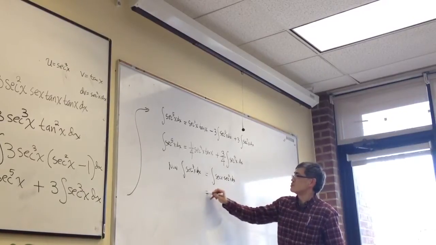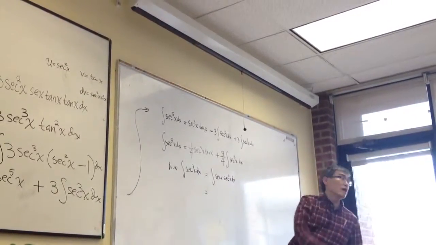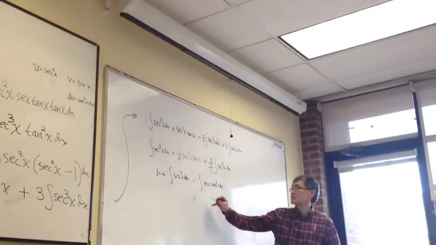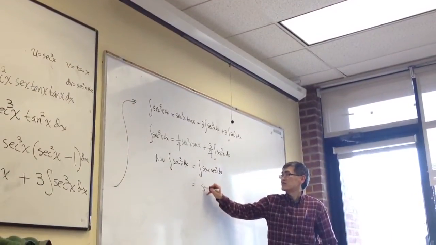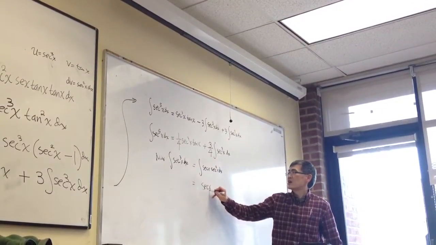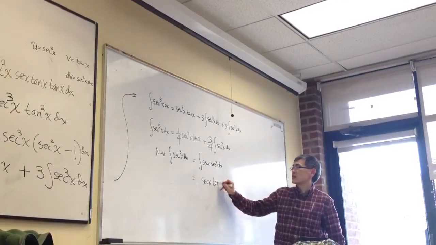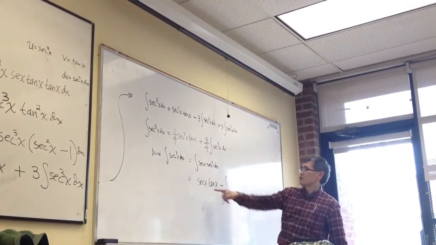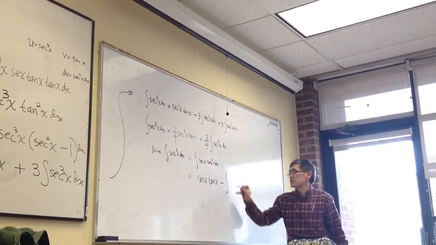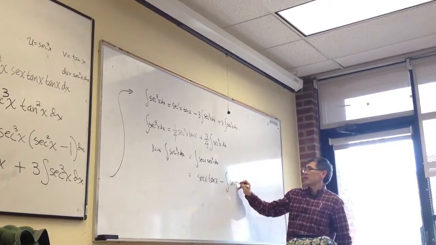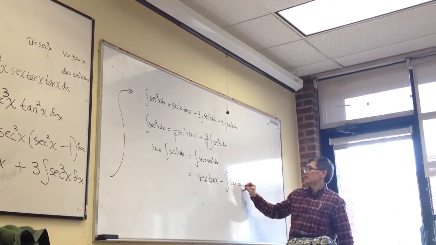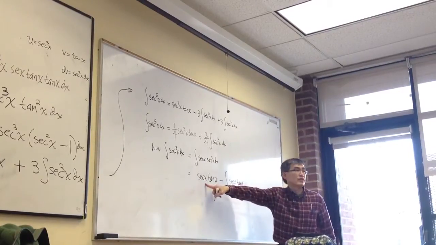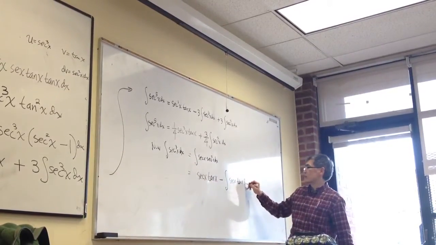And then what did I do? Then I do integration by parts, right? So this becomes secant x, and then tangent x, right? So you raise this one up, and minus, you bring this one down. What is that? Secant x, tangent x. That's the derivative of secant. And then copy over tangent.